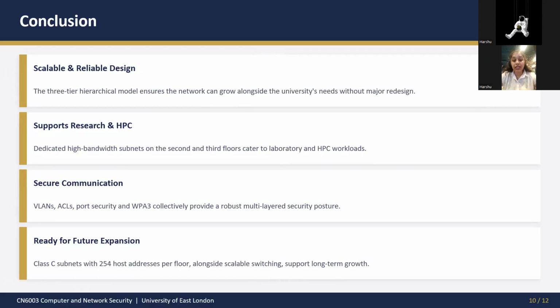The hierarchical design ensures that the network can grow in the future without major changes. Overall, the project demonstrates how proper planning and structured design can significantly improve network performance and usability in a real world environment.